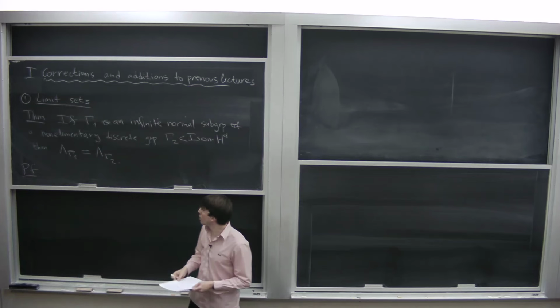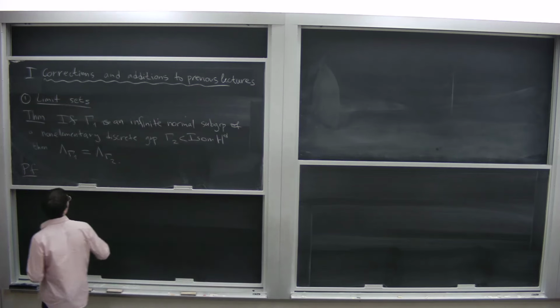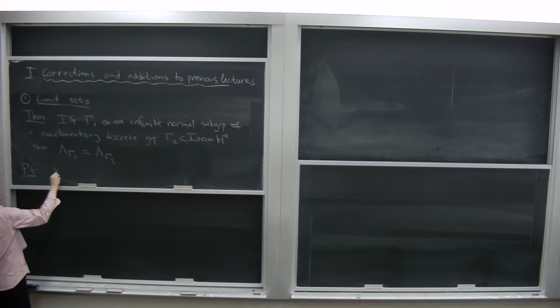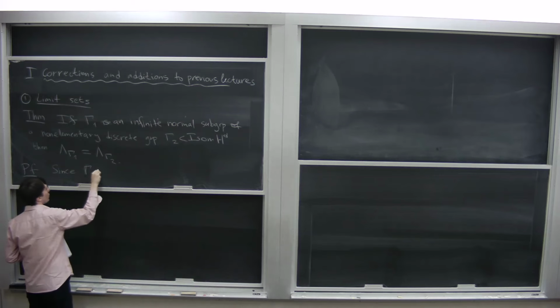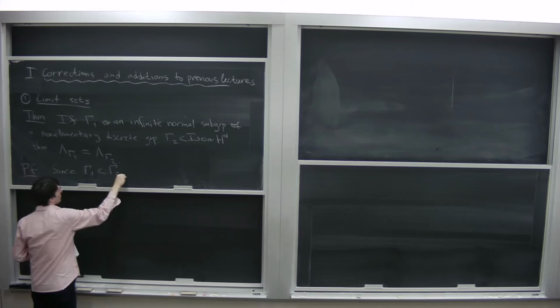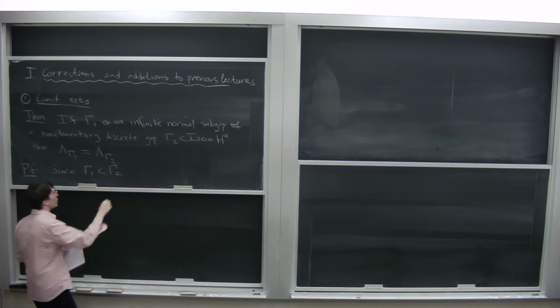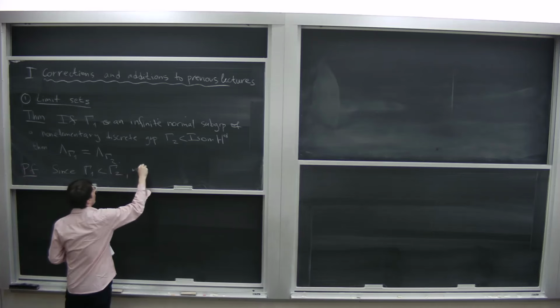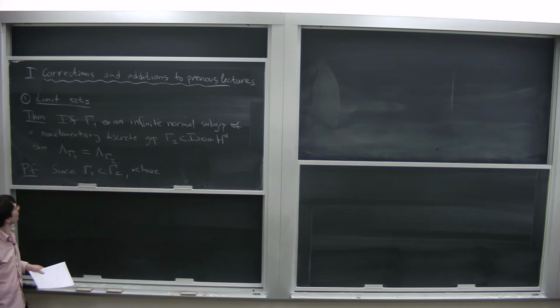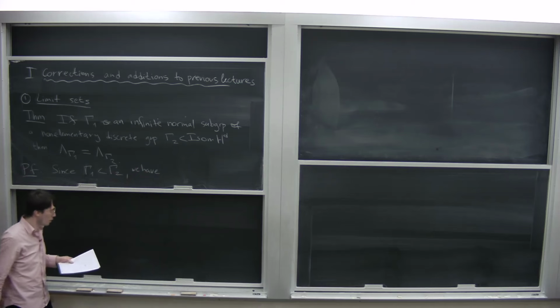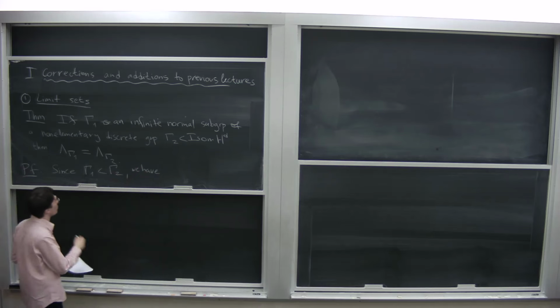So first of all, we observe that since gamma 1 is a subgroup of gamma 2, we definitely have one inclusion. So since gamma 1 is a subgroup of gamma 2, we have that lambda gamma 1 is contained in lambda gamma 2.